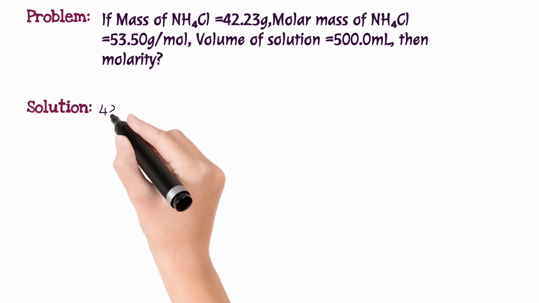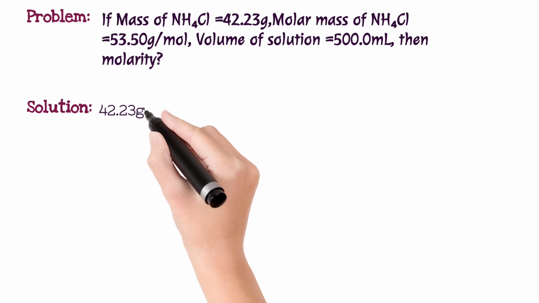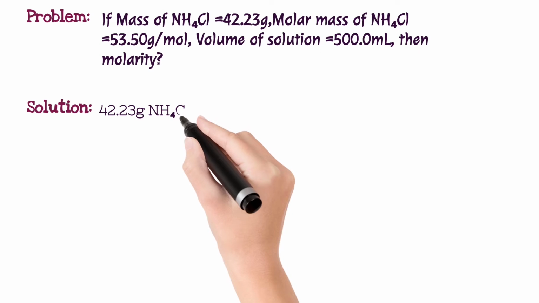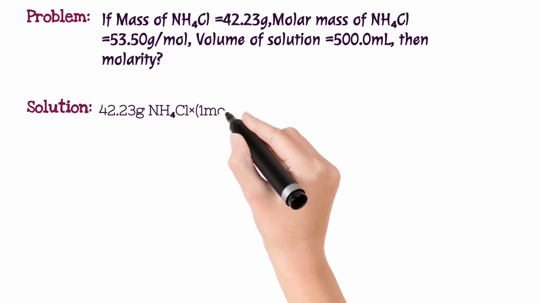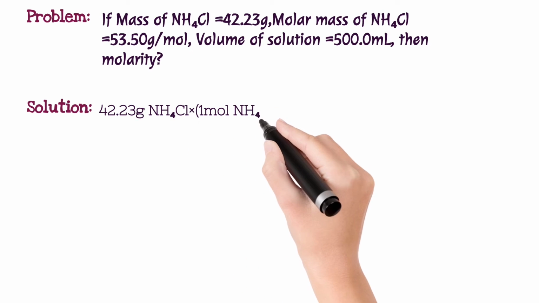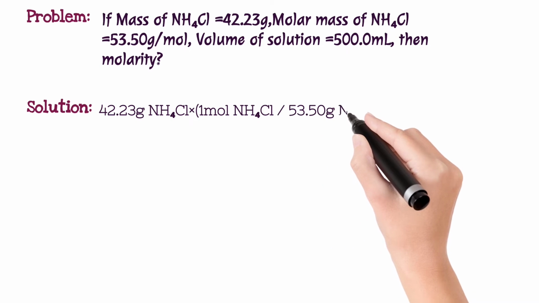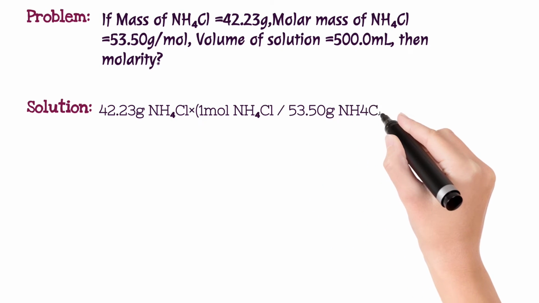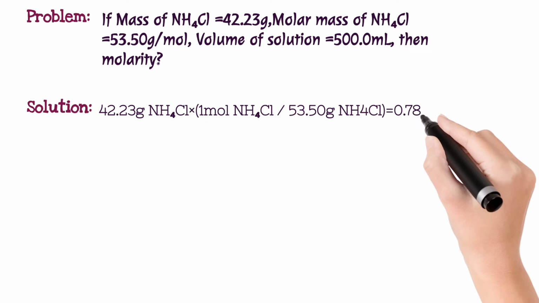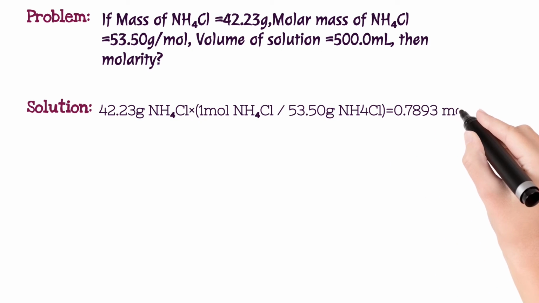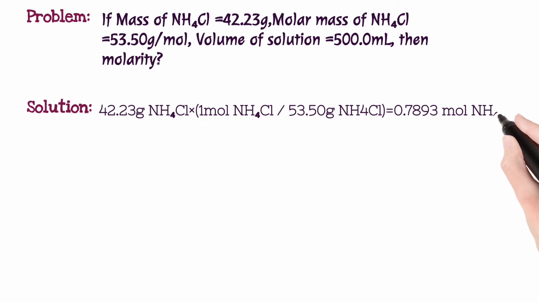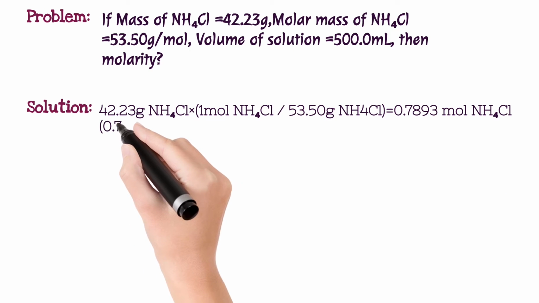The number of moles of NH4Cl will be the given mass divided by its molar mass, equals 42.23 gram of NH4Cl by 53.50 gram per mole, that is 0.7893 mole of NH4Cl.